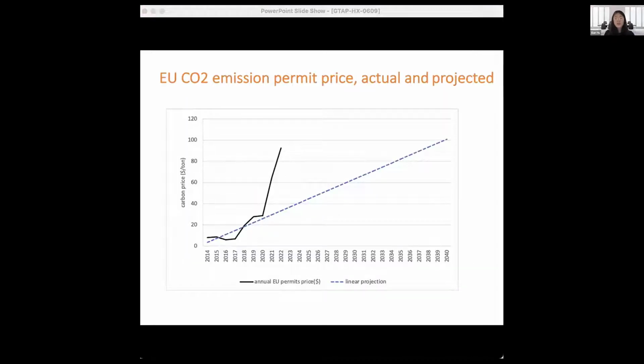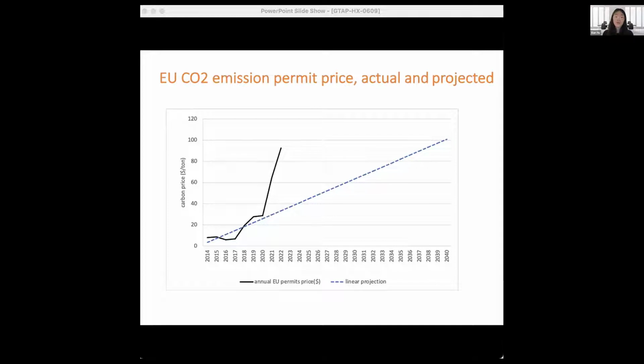The EU does not discuss the future path of the overall carbon cap, nor the expected permit prices. So we computed the annual average of the observed permit price for 2014 to 2021, and we show the path of the permit price in this figure. We can see a sharp rise in 2020 to 2021.